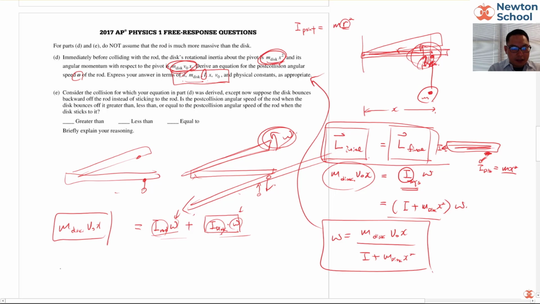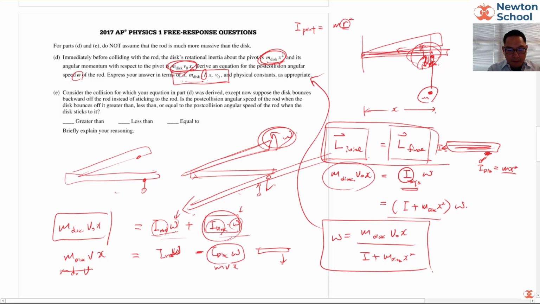But the second case, the initial momentum m disk vx equals I rod omega, but this time this value will actually be negative, so negative I disk with a certain omega. Or this is again linear momentum, so you can say mvx, if you just rebound backward.